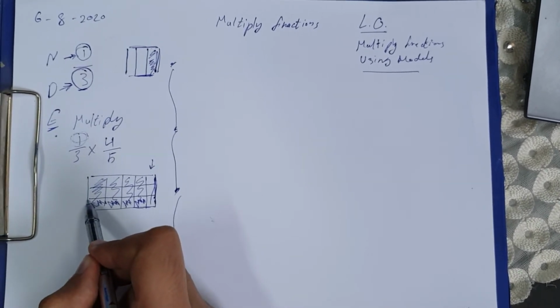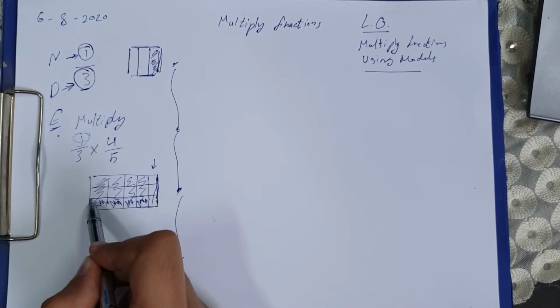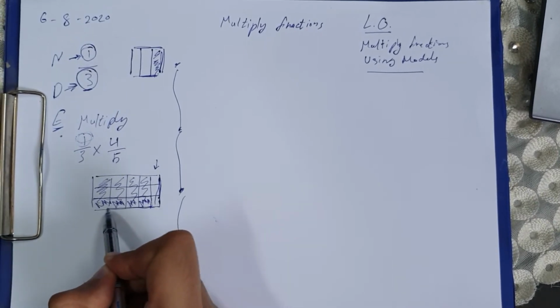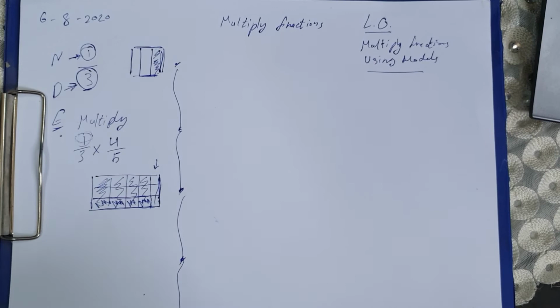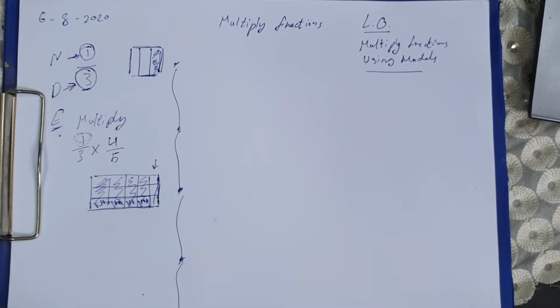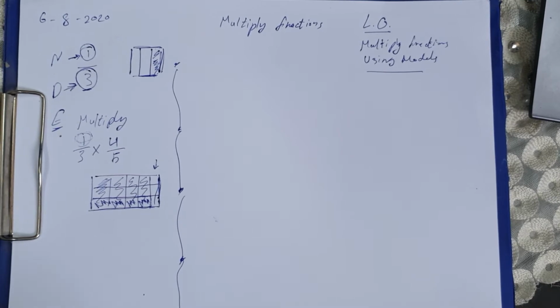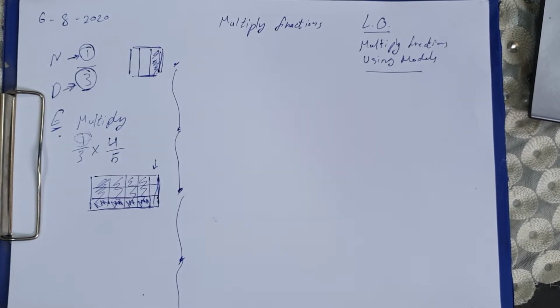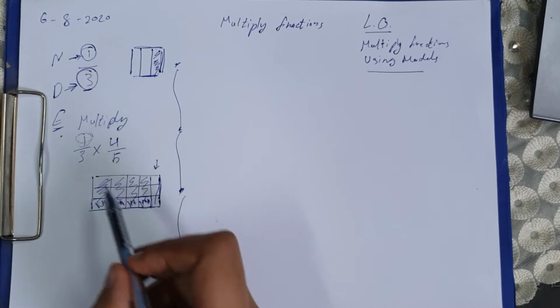But here in the intersecting part, the rectangle is divided into 15 smaller rectangles. This is the denominator of the product.